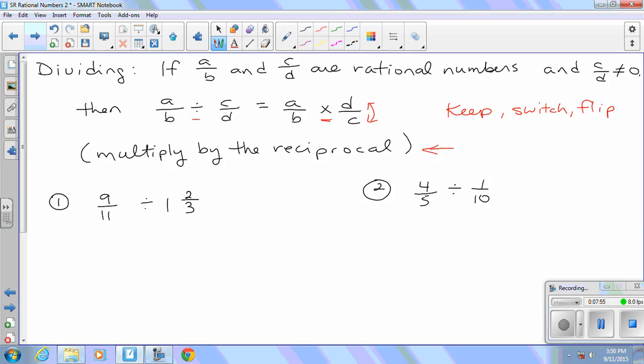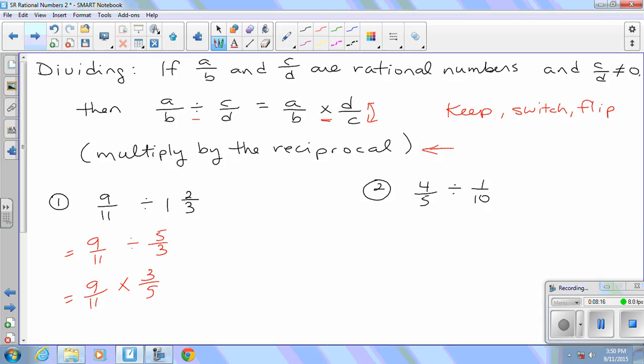So 9/11ths divided by 1 2/3 will be 9/11ths divided by 5/3, which is equal to 9/11ths times 3/5. Don't change it to multiplication until you at the same time change to the reciprocal.